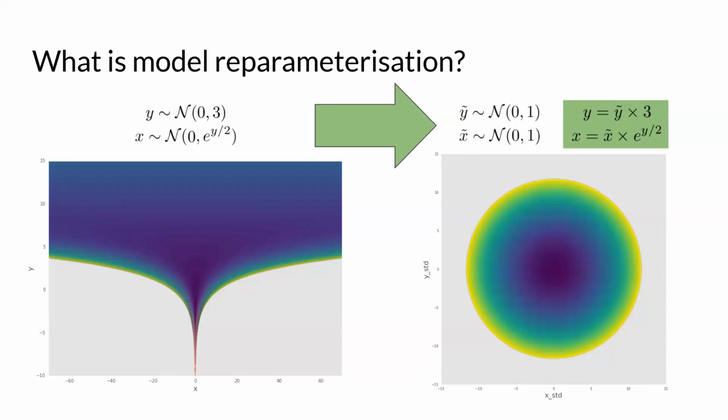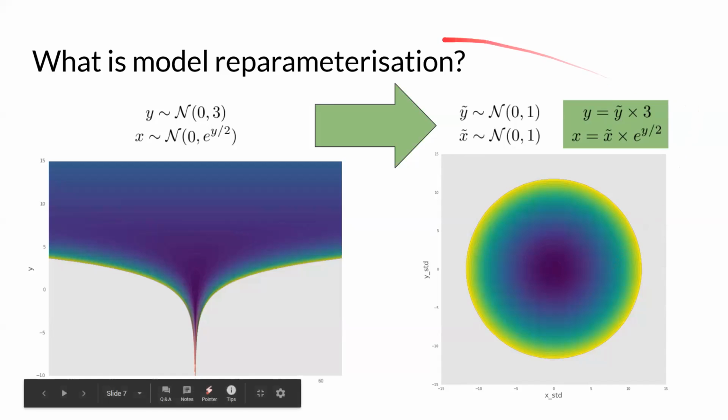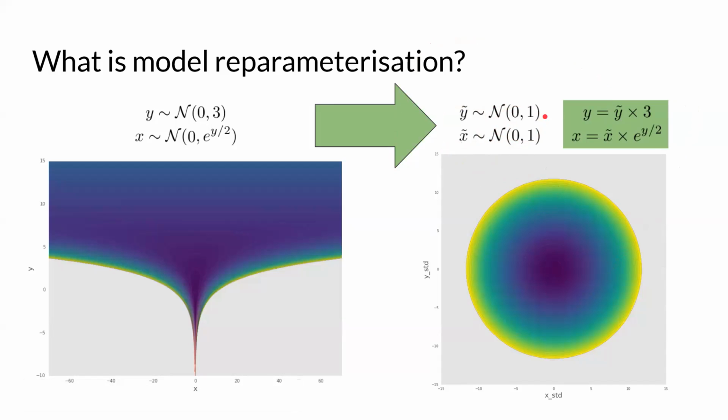So instead of sampling X and Y directly from this density, we can sample some other variables, X tilde and Y tilde, from a spherical Gaussian, and then scale these variables appropriately to recover our original variables of interest.